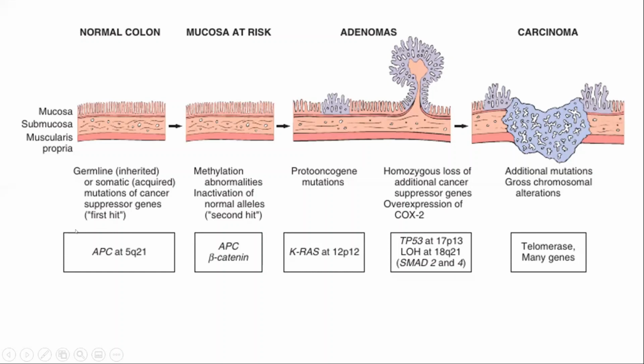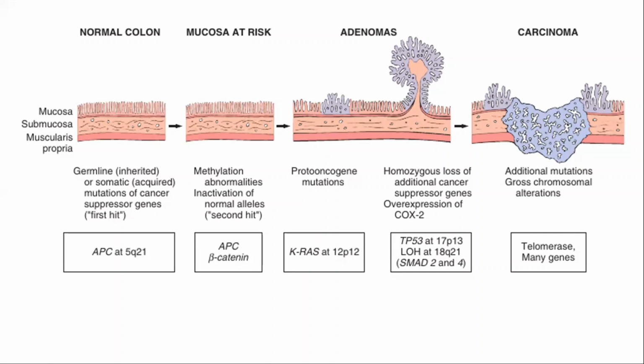Some patients are born with germline mutation of the APC gene, and sometimes they can acquire this mutation. So this is the first hit. And when there is inactivation of the second allele of APC, that is where the mucosa is at risk for formation of adenoma.